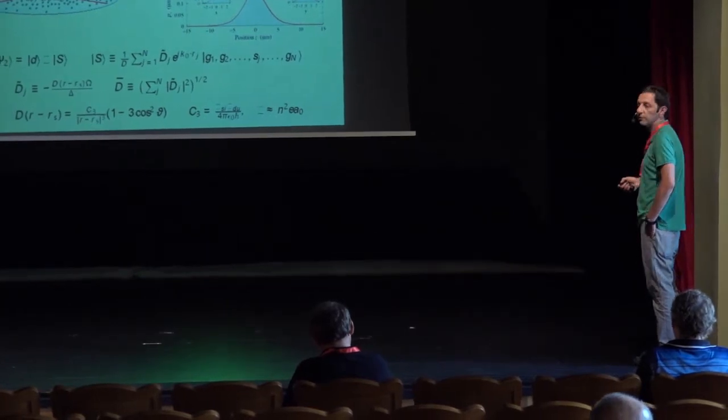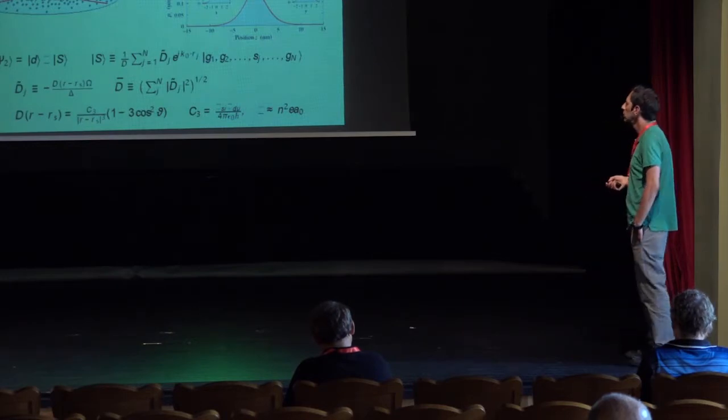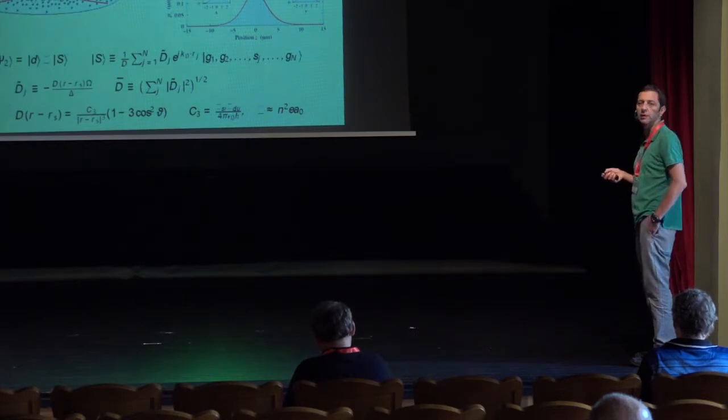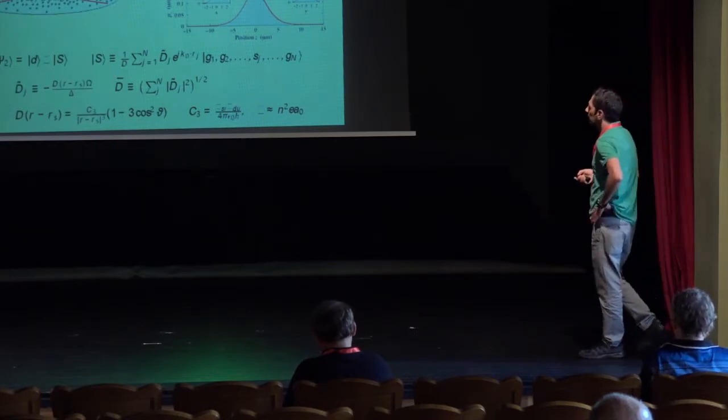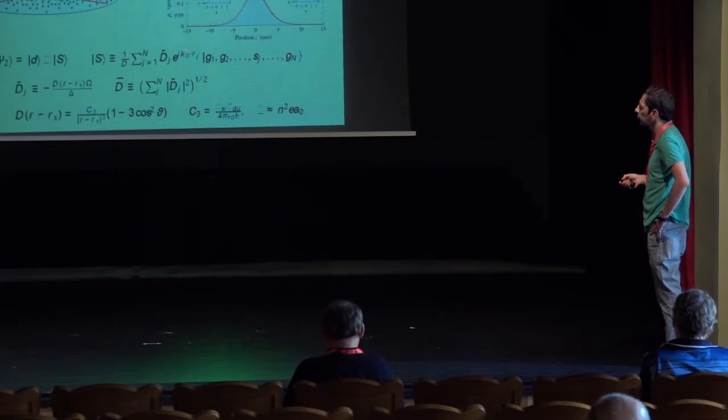The shape of this excitation is exactly the dipole-dipole exchange shape, C3 over R3, times 1 minus cosine squared theta. So I produced this spin wave. You have seen it in the previous talk already. The phase is well defined.